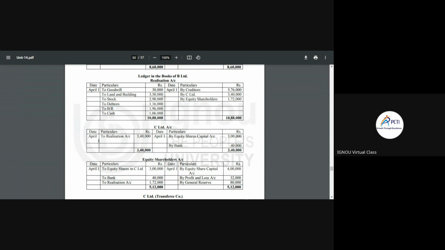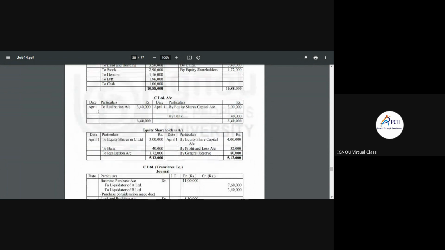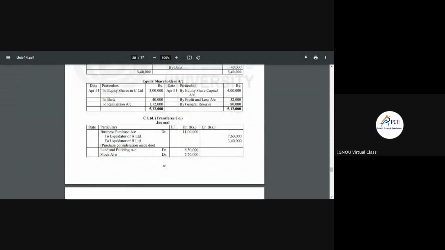So the total of both the sides will be 10 lakh 88,000. Next account which we need to prepare is the C Limited account. The entries will be by equity share capital account 3 lakhs, by bank 40,000, and to realization account 3 lakh 40,000.